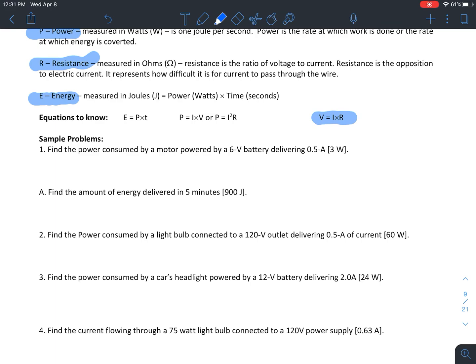We learned about Ohm's law, V equals IR. We did not learn about P equals IV. You can feel free to go through all of the unit conversions for these three equations, and you would see they would still come out to, remember, power is measured in watts, which a watt is just a joule per second.